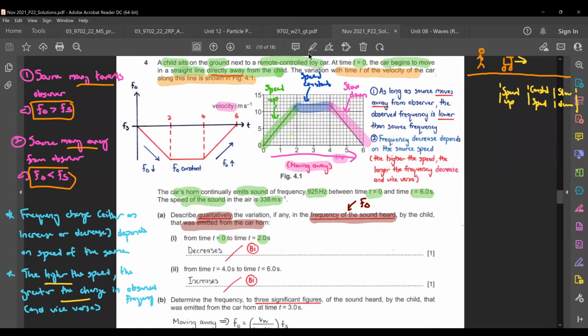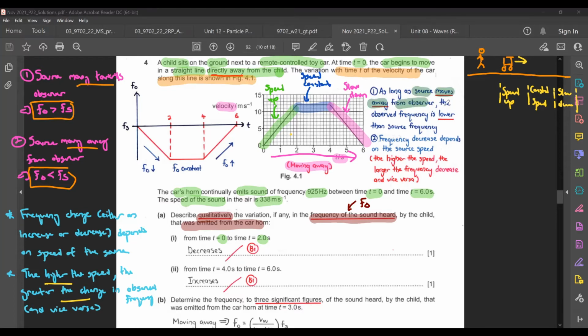Because we know that in our case, the source is moving away from the observer, your observed frequency will always be lower than your source frequency. Okay. In other words, your frequency observed decreases.